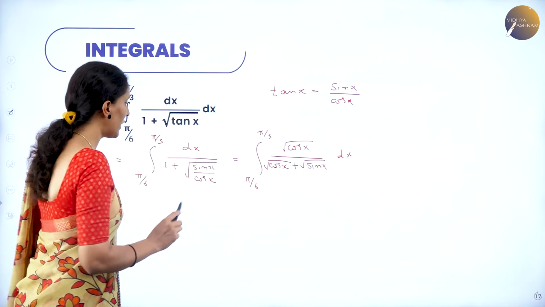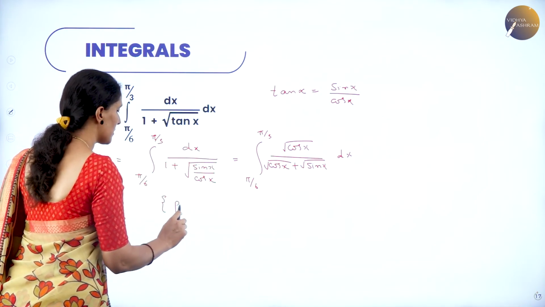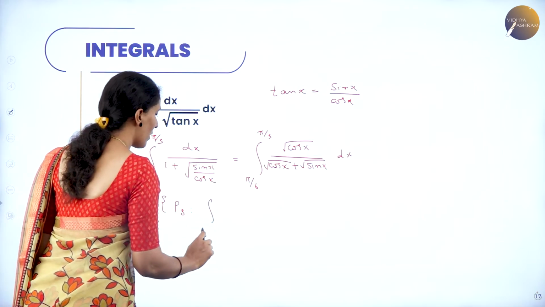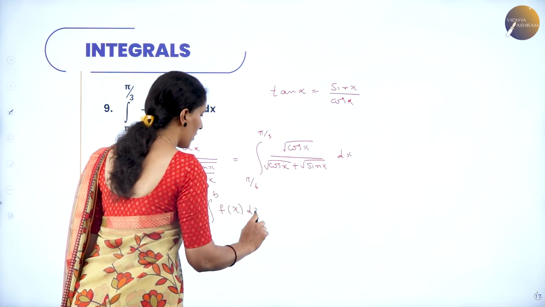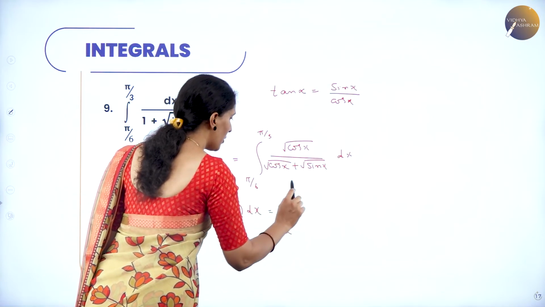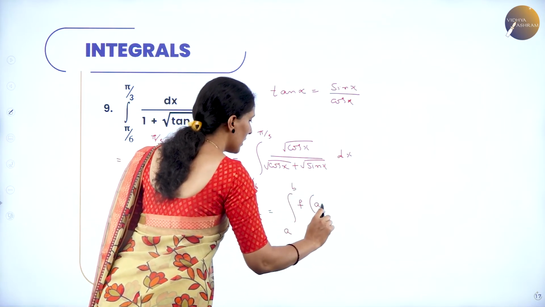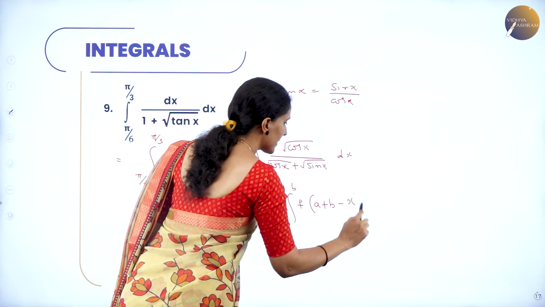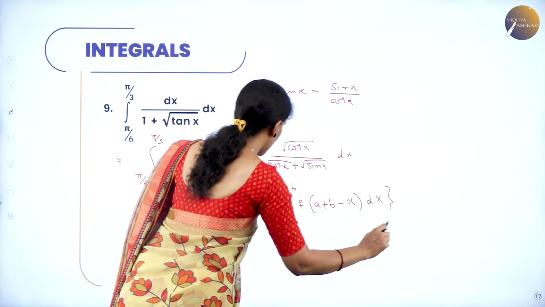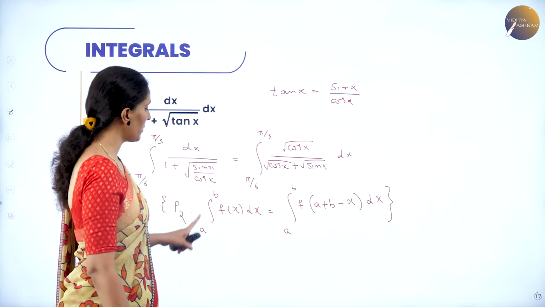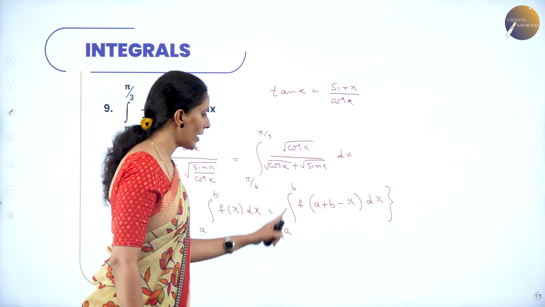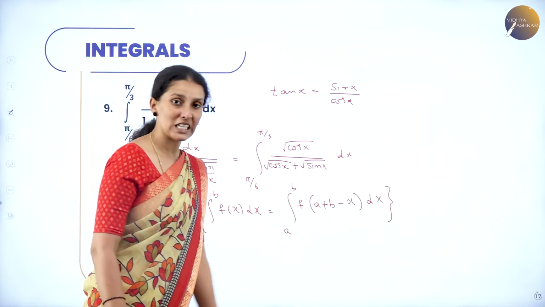Now using property 3, what does property 3 say? Property 3 says if you have an integral from a to b f of x dx, then this is also equal to the integral from a to b f of a plus b minus x dx. So this is property number 2. Property 2 says whenever you have the integral from a to b f of x dx, you can write this in the form of a plus b minus x dx.